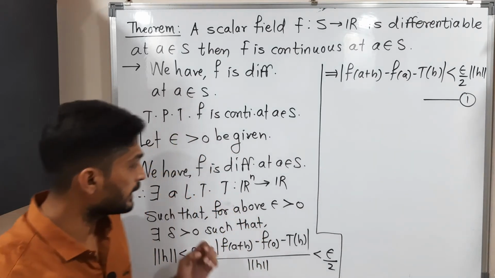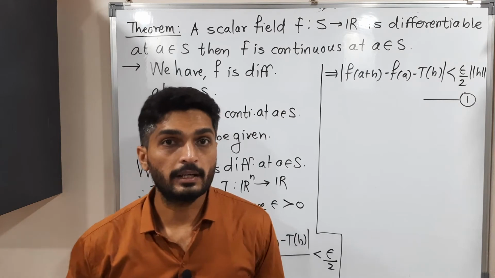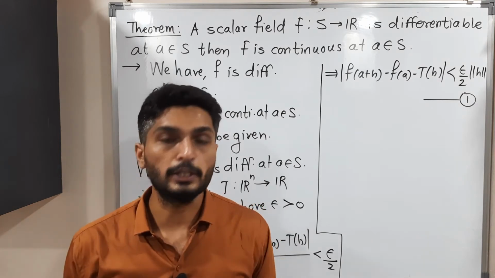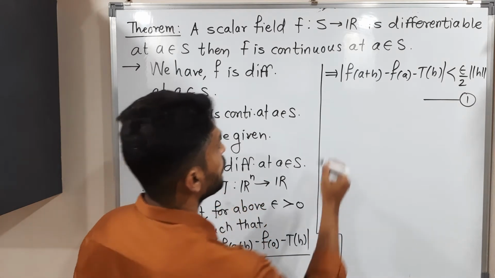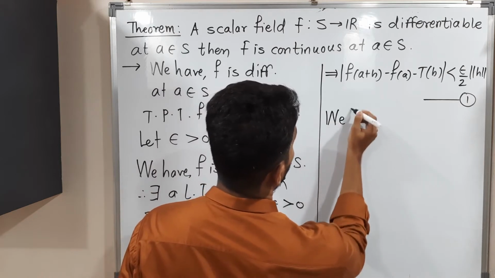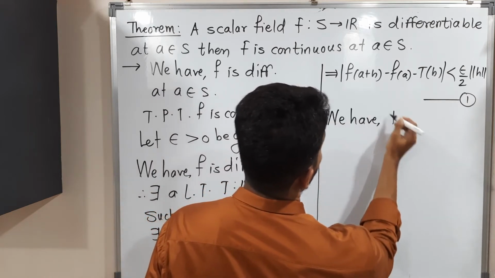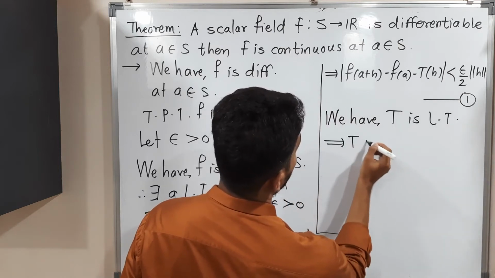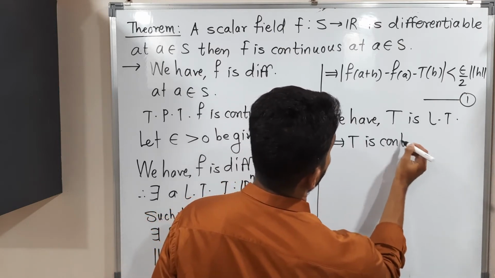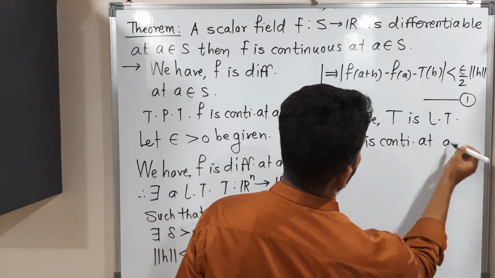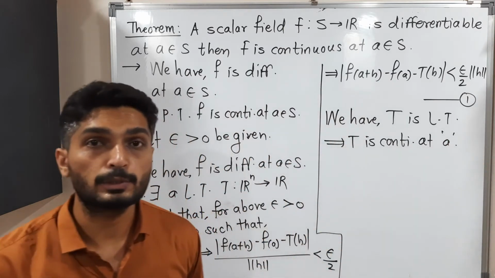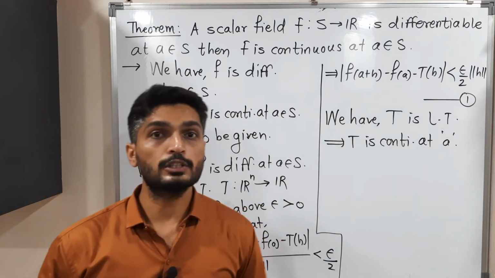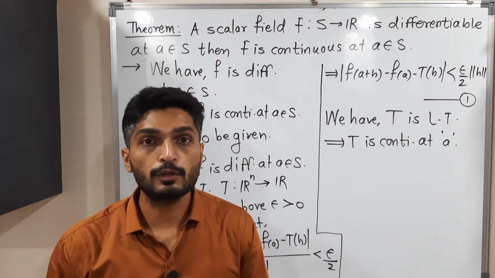Okay, so one piece of information we have. Here we have a linear transformation, and we know that every linear transformation is continuous. So T is a linear transformation, and that's why T is continuous at A. So we can use the definition of continuity.